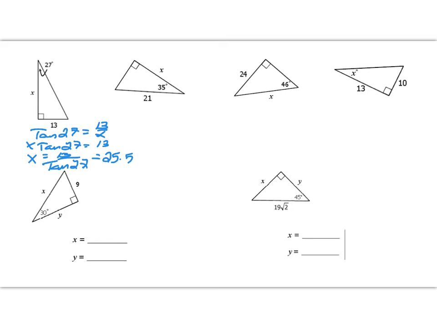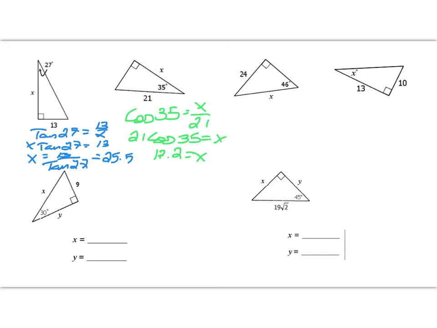All right, change colors. So here I'm going to use the cosine. So the cosine of 35 is equal to x over adjacent over the hypotenuse. Cross multiply. Therefore, x is equal to 17.2. Okay, change colors.